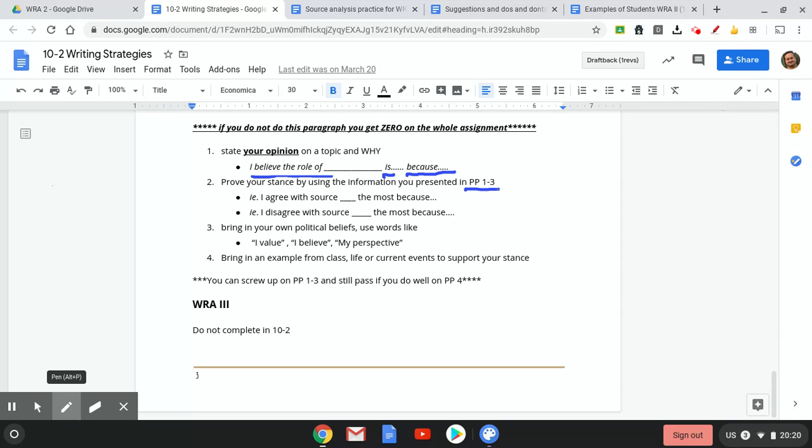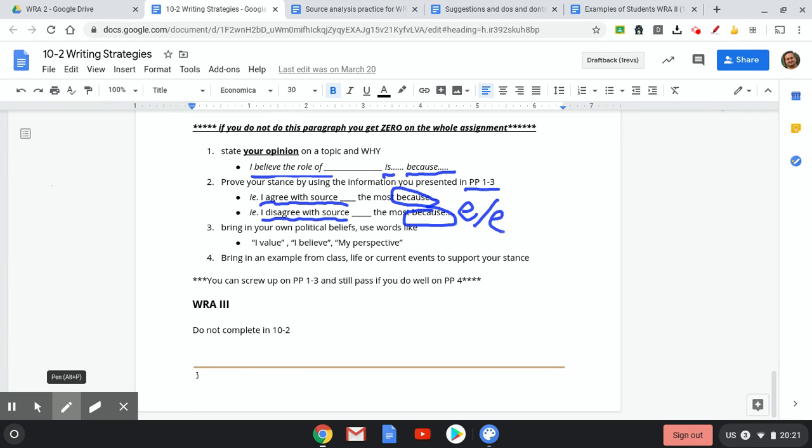You could say, I believe the role of globalization should be fill in the blank. This is similar to source 1. So you can say, I agree with source blank the most because. I disagree with source blank the most because. The key, though, right here is the word because. That's the elaborating and explaining.